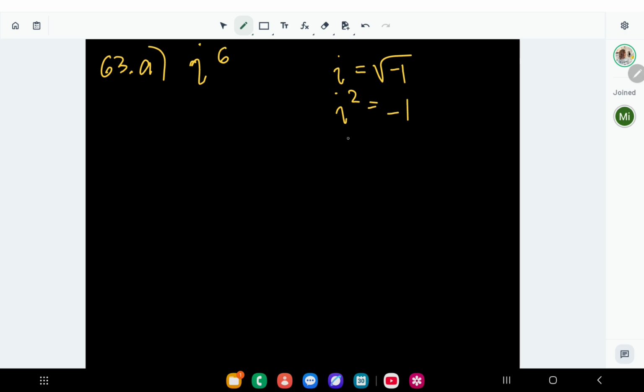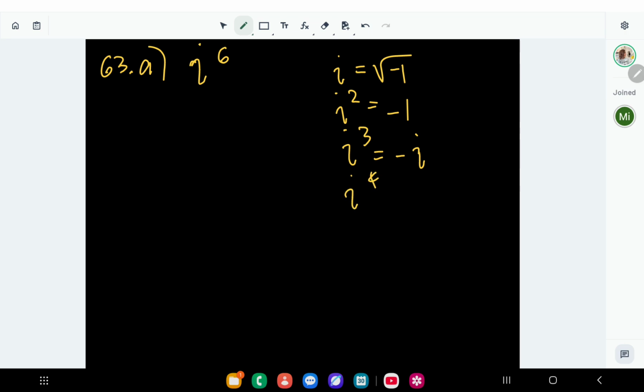Number 63. So 63, simplify i to the 6. In simplifying or solving complex numbers, you have to remember the four i's. i is equal to the square root of -1. i squared is equal to -1. i cubed is equal to -i.